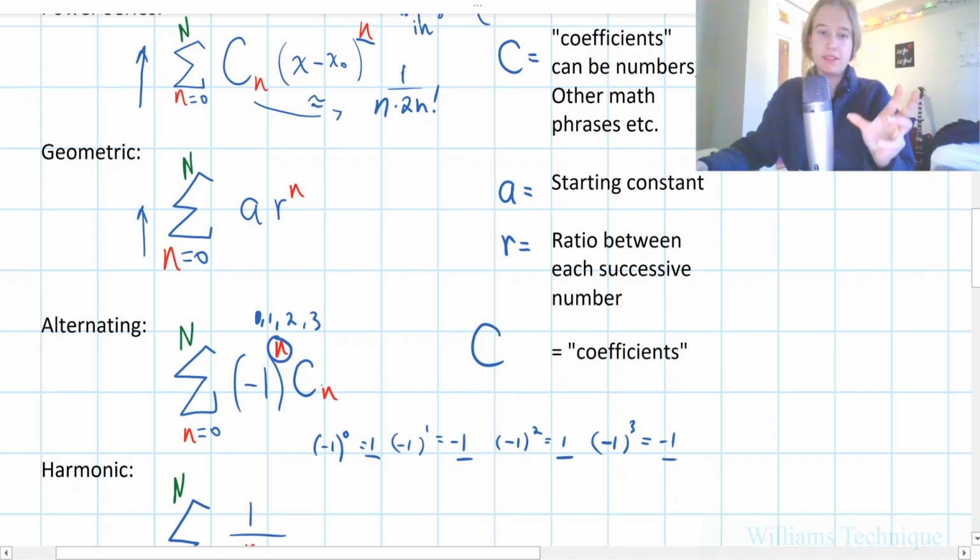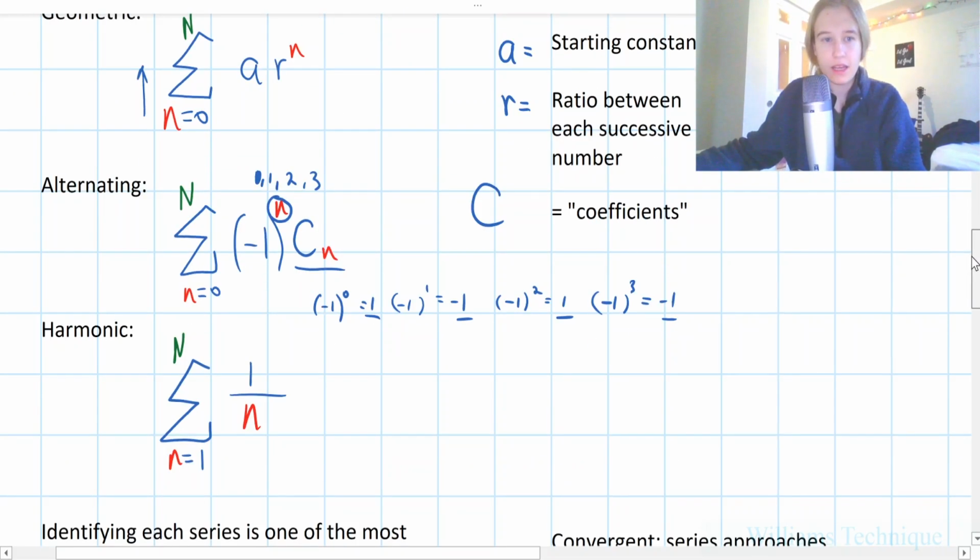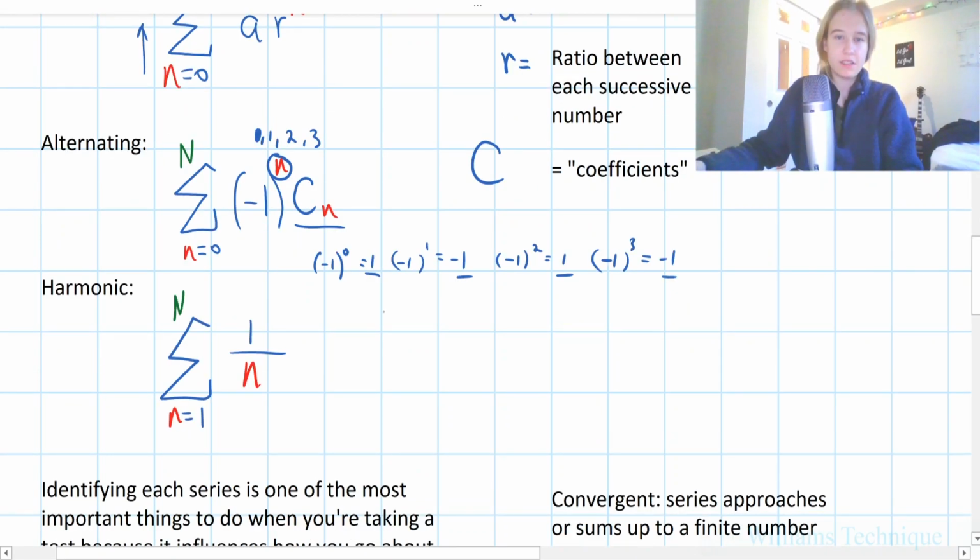That's why we call it an alternating series, because each term is a different sign. And we have the coefficients here, like we said in the power series. We can have basically 1 over n times 2n, or maybe even an x in there sometimes, depending on certain variables. So that's the gist of the alternating series.